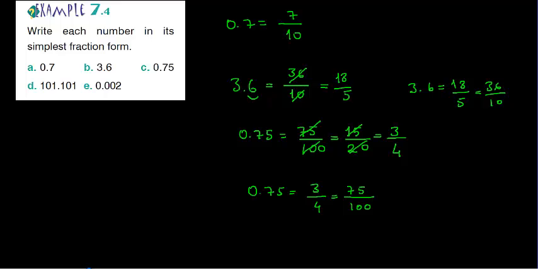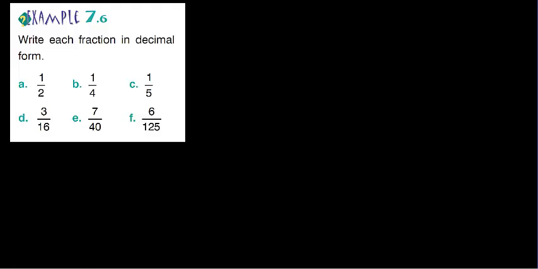The rest of them are going to be classwork for us. Here the fraction form is given, and we are going to write it in decimal form. The numbers chosen for the denominator are not random, because when we multiply the numerator and denominator by some number, we can get 10, 100 or 1000 in the denominator.